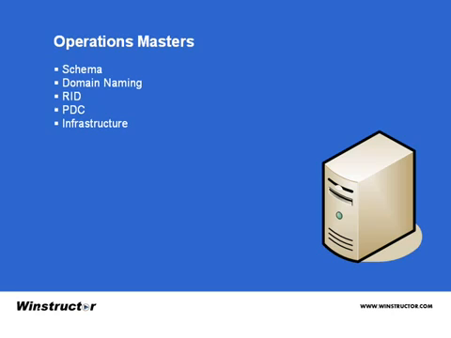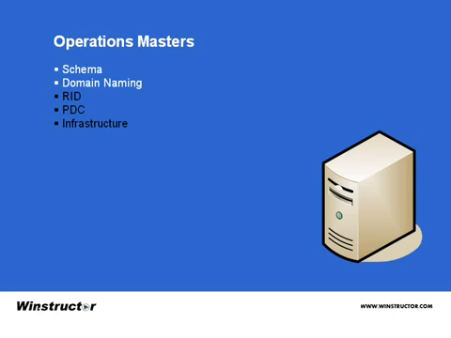Well, an Operations Master is a domain controller that holds one of 5 roles: the schema role, the domain naming role, the RID, PDC, and infrastructure roles. And it's important to understand that the first domain controller you install will assume all of these 5 roles.